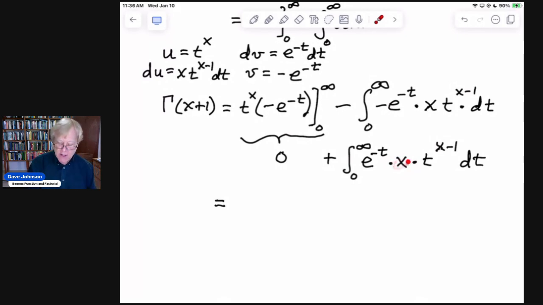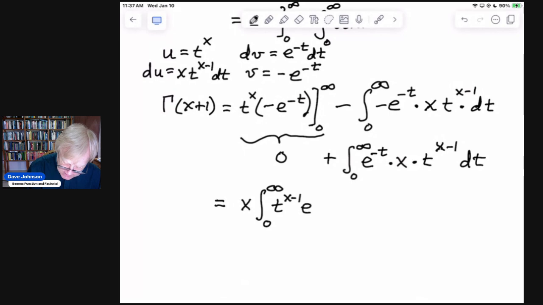Now, how can I do that? Well, x is a constant with respect to this integration. We can think of x as a fixed number. t is the variable of integration. So I'm just going to factor that out of the integral. And so we get x times the integral from 0 to infinity. I'm going to rewrite this, put the t to the x minus 1 in front, and then e to the negative t dt.